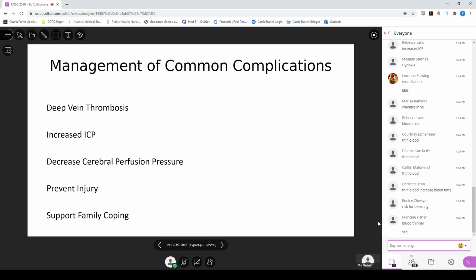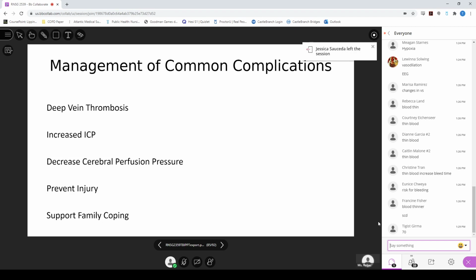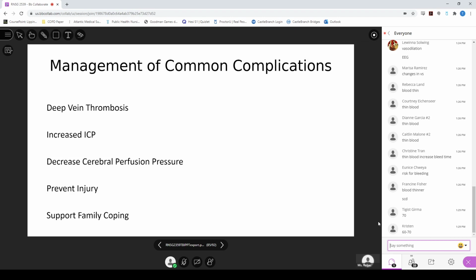And then what do you want to maintain that cerebral perfusion pressure at? Yeah, between 50 and 70, no more than 70. That's kind of pushing the high end of it, but I think your book says 60 to 70, but a lot of stuff that I've also read in your resources says 50 to 70. So no, 50 to 70 is okay.